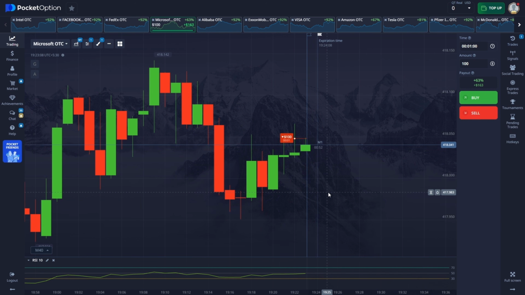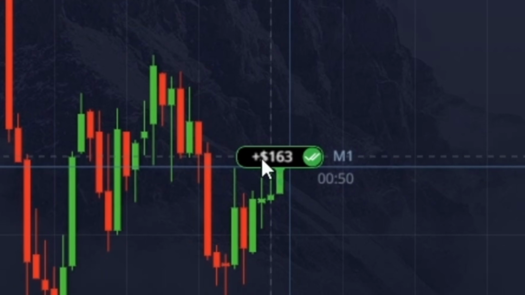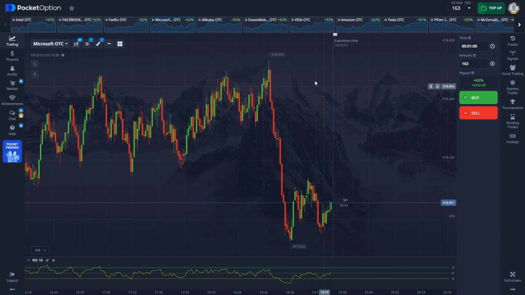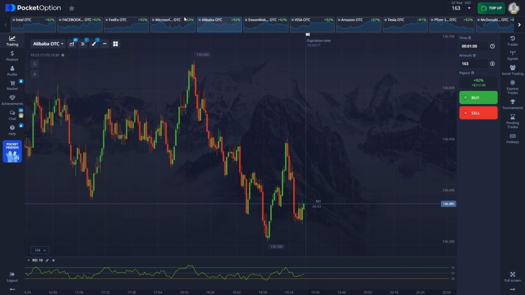It reversed and only a few seconds left, and I won my first trade of the compounding session. As you can see, the payout was low, but the trade was good. So I won my first trade and now my balance has turned into $163. Let's find a trade for $163.